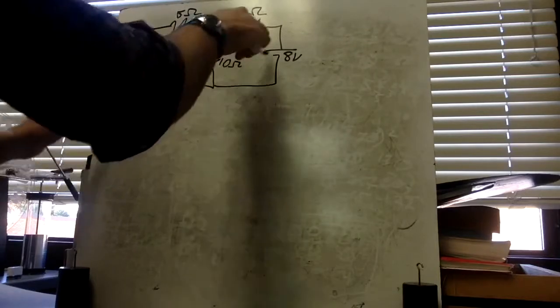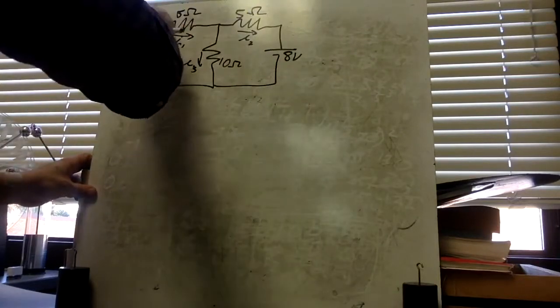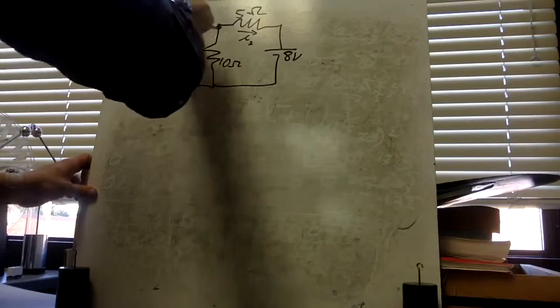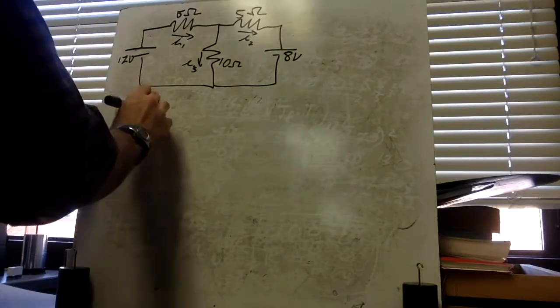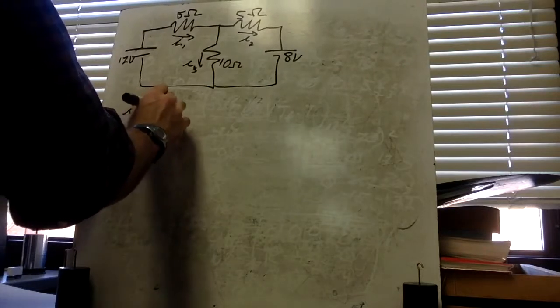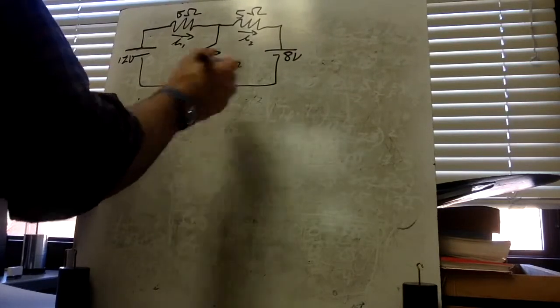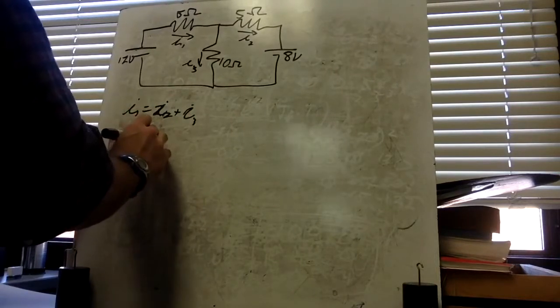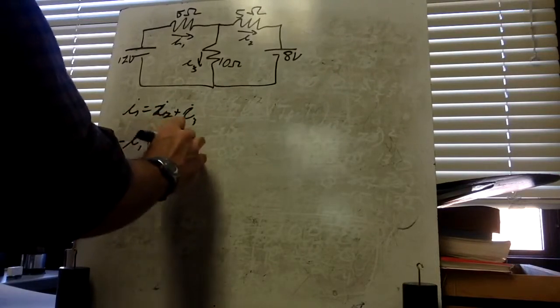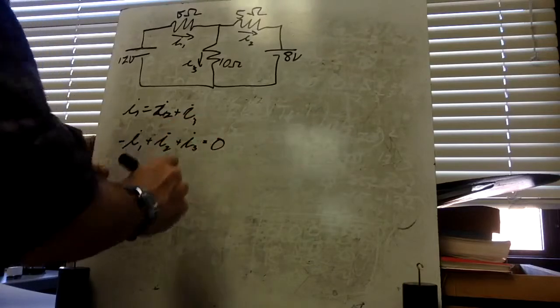I'm going to assume that the current is going this way because this voltage is more than this voltage. And so as a result, I1 is equal to I2 plus I3. But I'm going to rewrite this as negative I1 plus I2 plus I3 equals 0.